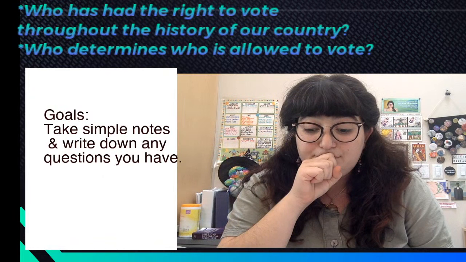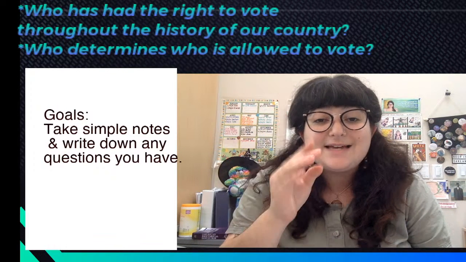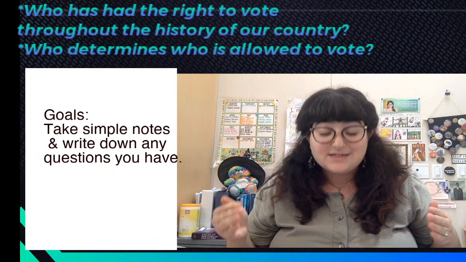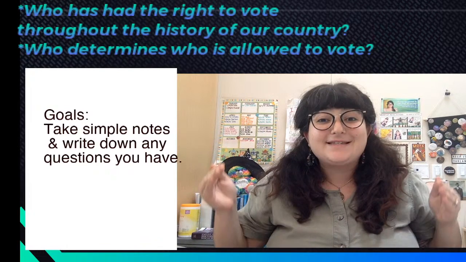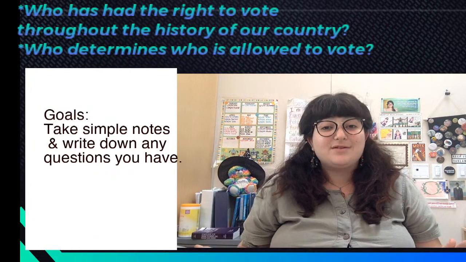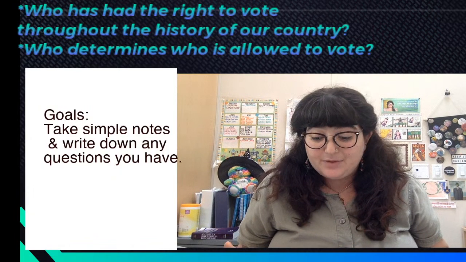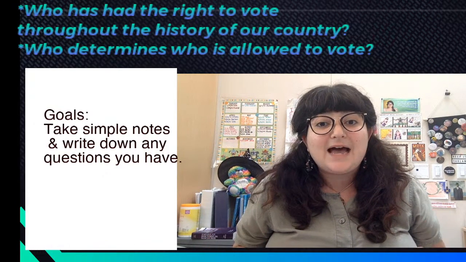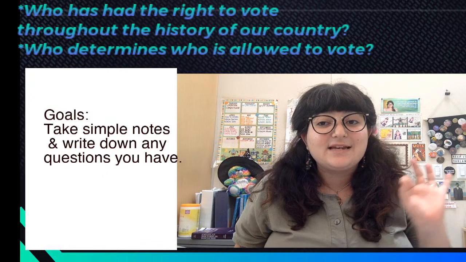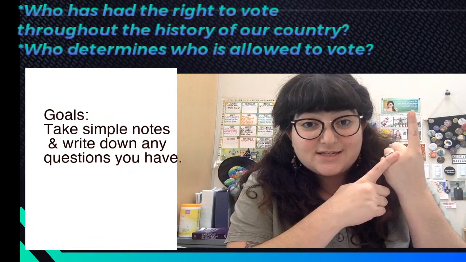However, I want us to consider that this fight has been happening since the late 1700s, and it is 2020. It is the year 2020 at this point in time. We are still having conversations today. As the end of the video discussed, people are considering changing the voting age to 16.